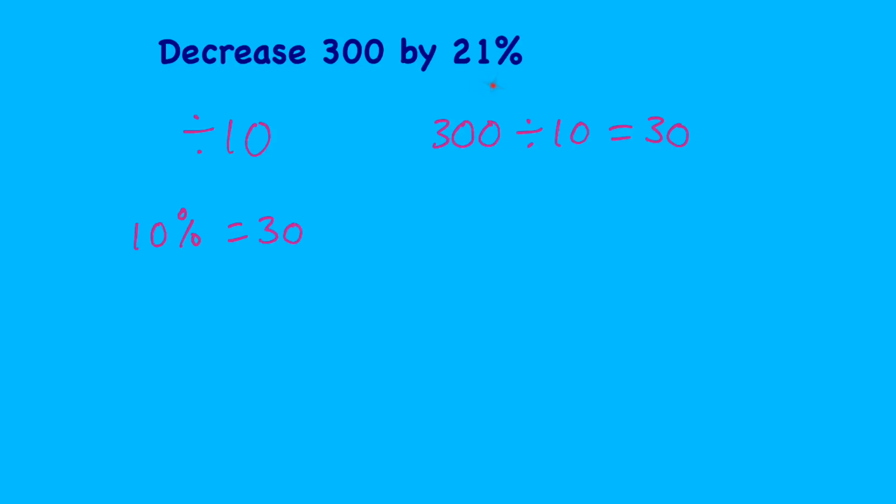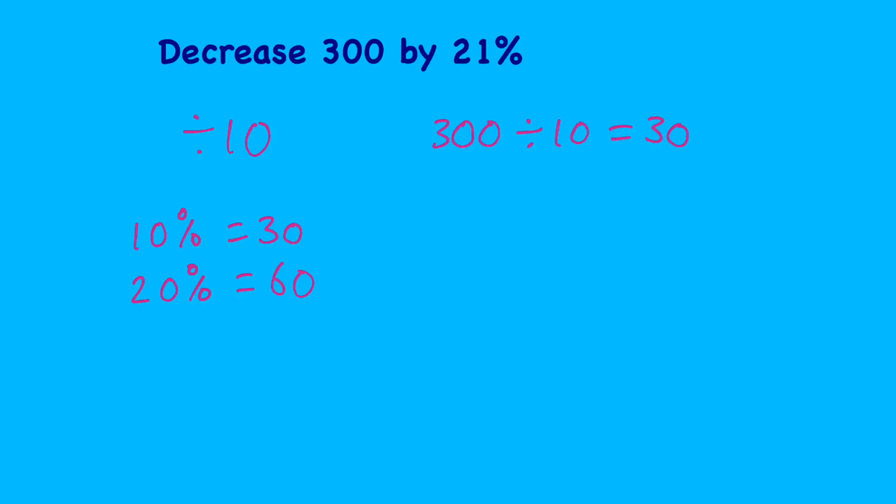Now, as we want to find 21%, what I'm going to do is I'm going to double my 10% in order to give me 20%. So I now have 20%, but I need to find my 1%. So there's a couple of different ways you can do this.